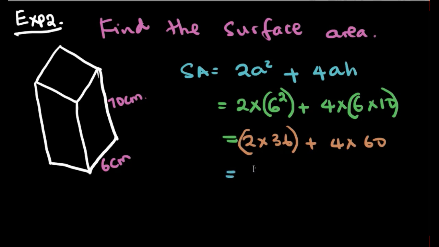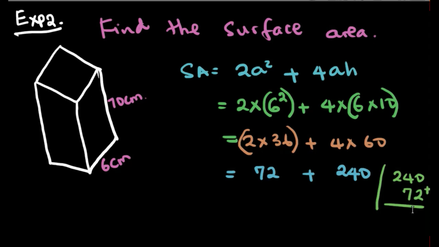So we come up with 72 plus 240. So this means that we are getting 240 plus 72.